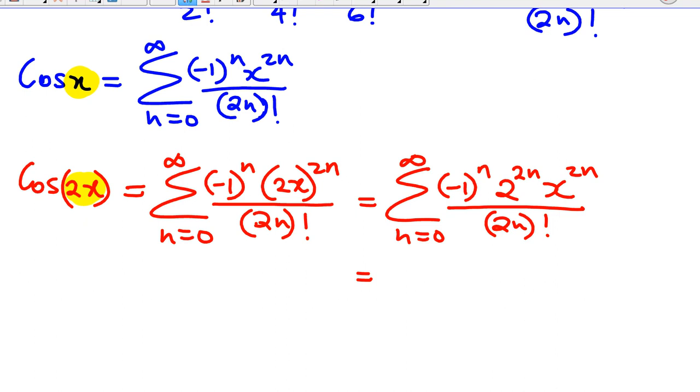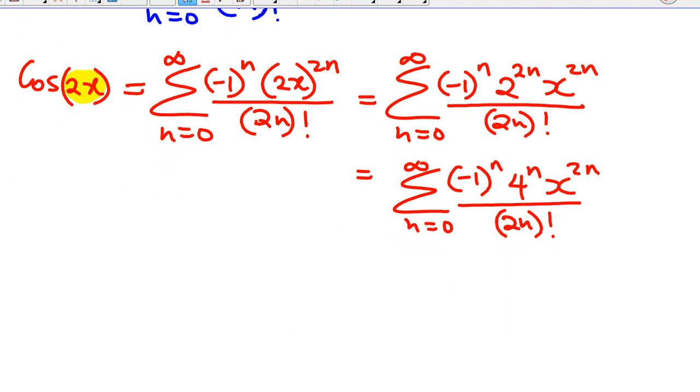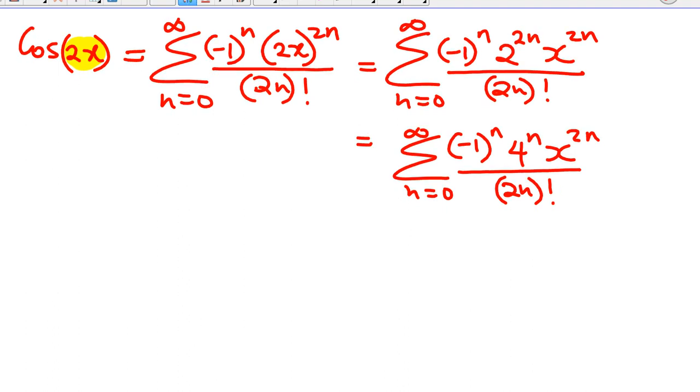This will be equal to the sum from n equals 0 to infinity of negative 1 to power n, 4 to power n, x to power 2n over 2n factorial. So we have the expansion for cos 2x.